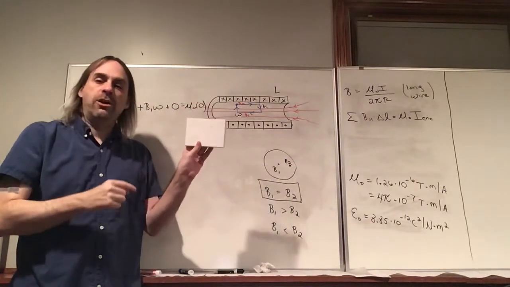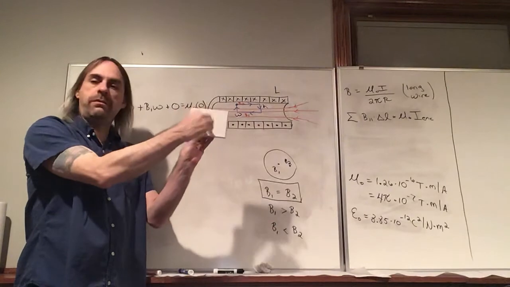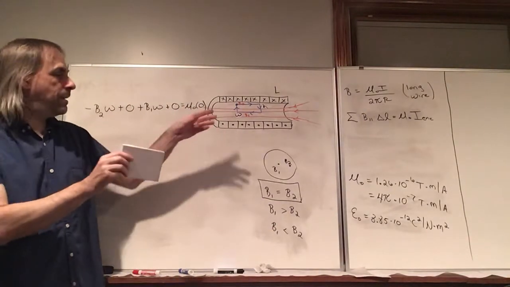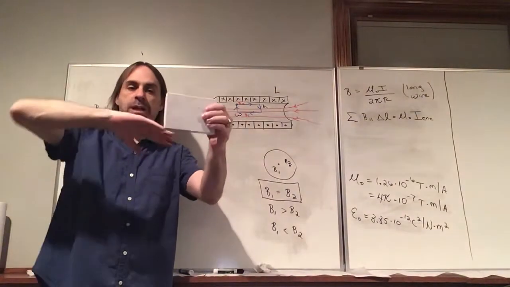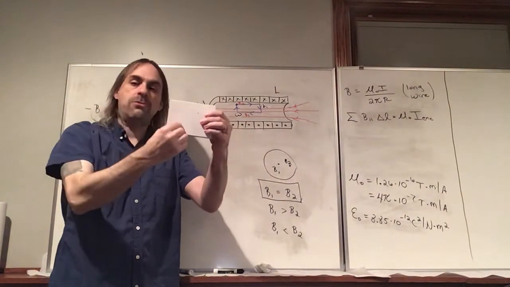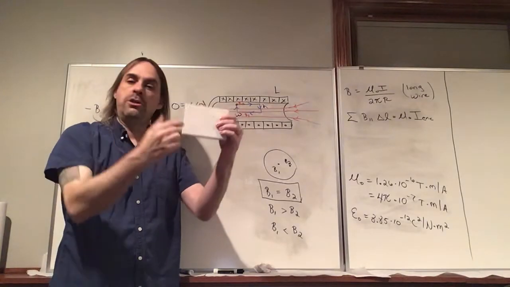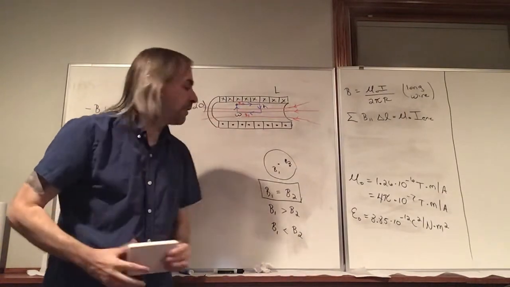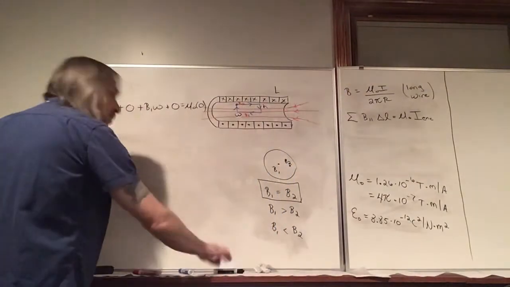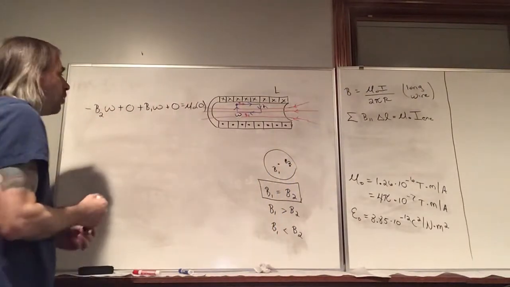And the I in the equation is what current is passing through this surface. But in the picture, say that our solenoid is bigger and the wire is just looping around. The wire is not crossing the surface at all. There's no current going through the surface. And so what that means is, well, I is 0.